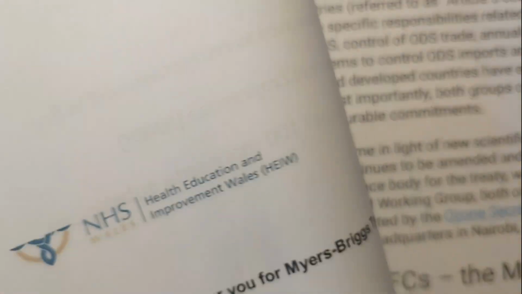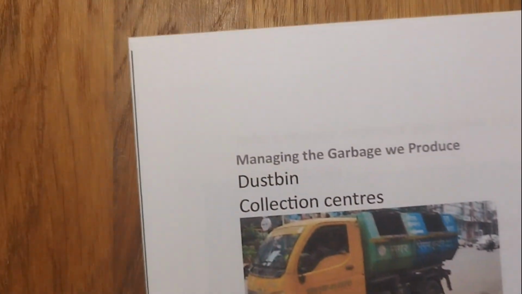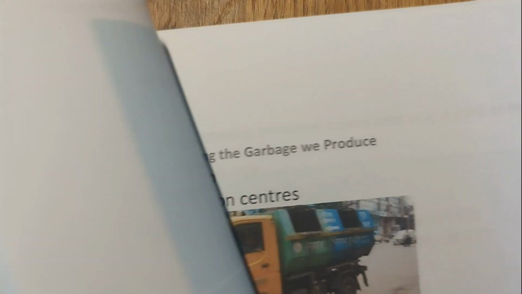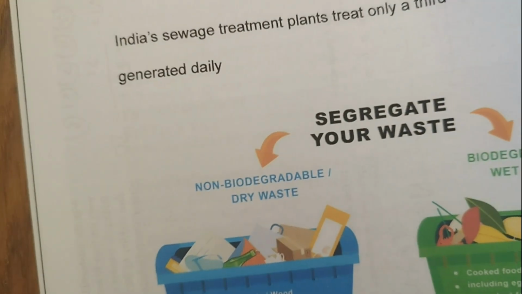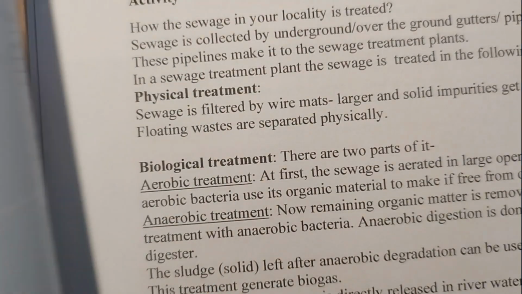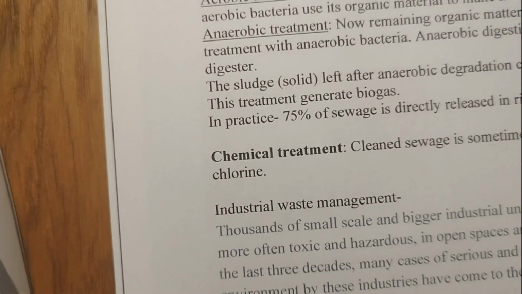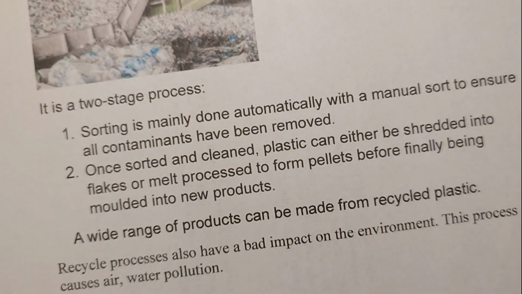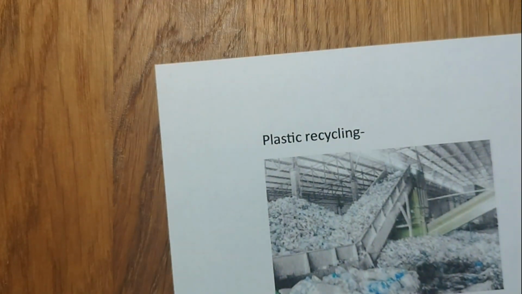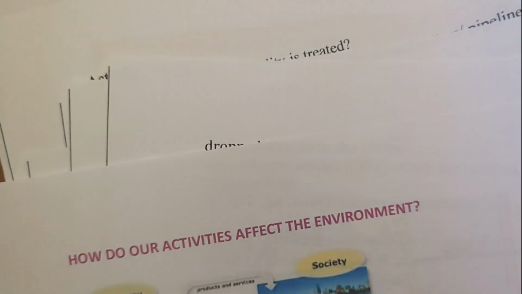We'll also go through topics such as garbage management and the different types of garbage and how they are managed, including management of industrial waste and recycling of electronic items, that is e-waste recycling, and in the end plastic recycling. So these will be covered in the next part.